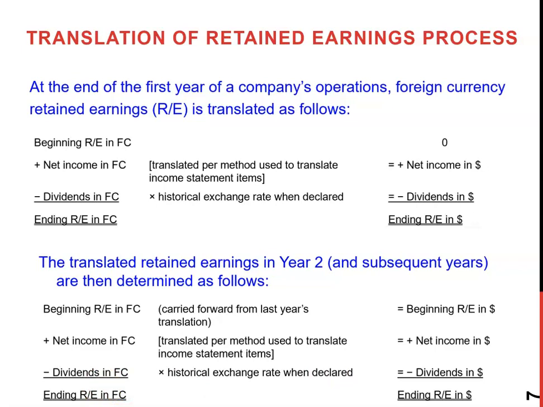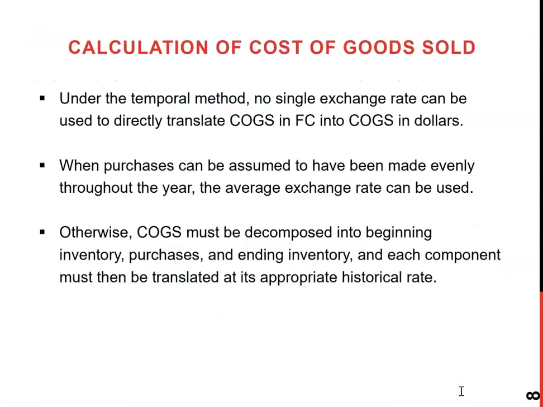When we convert dividends, this is how we get retained earnings. Just remember one thing: for dividends, the historical rate means the rate on the date when we declare the dividend. It's not the day when you pay the dividend, but when you declare it.